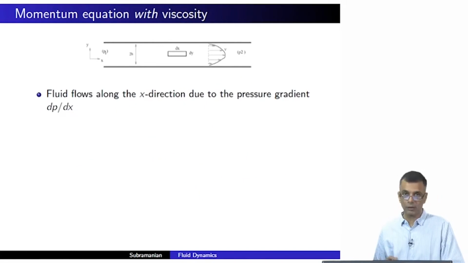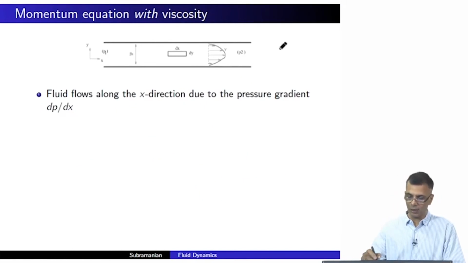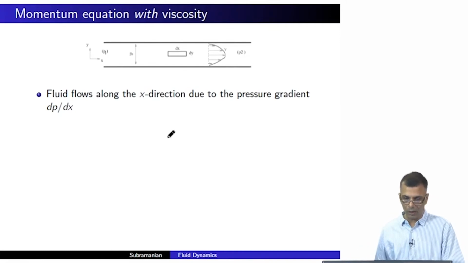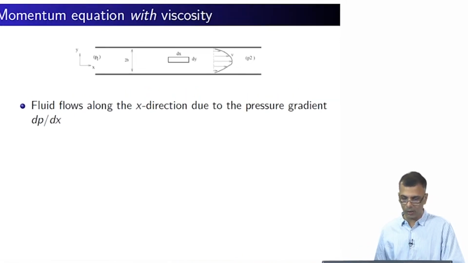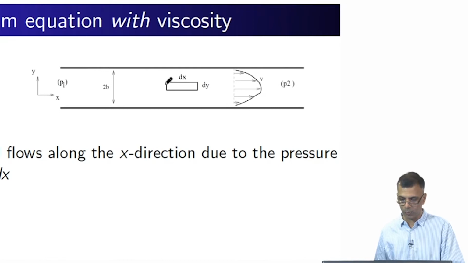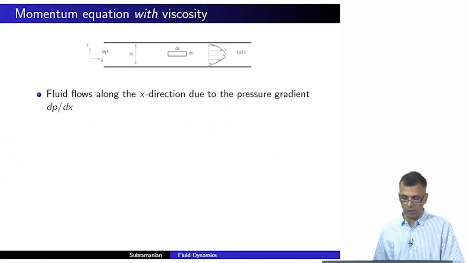Okay, so what are the different kinds of forces that could be acting on this kind of a fluid element? Let me blow this up a little bit. Fluid would flow along the x direction due to the pressure gradient, dp/dx, right?